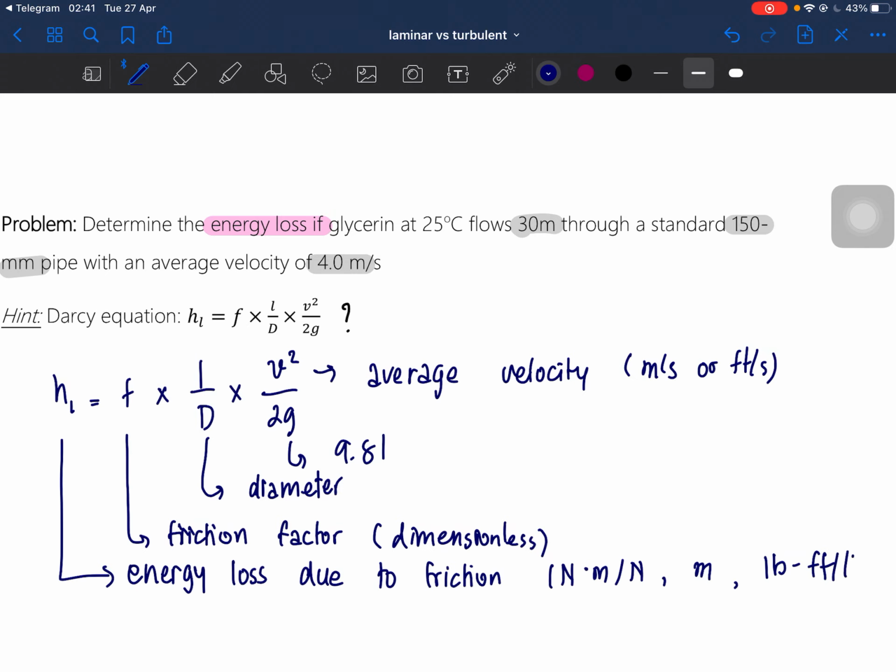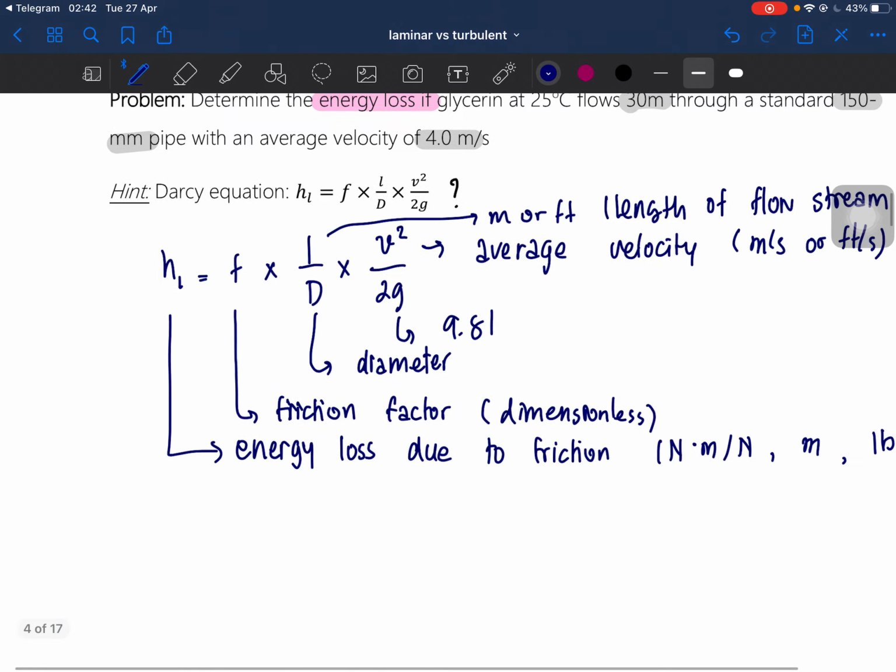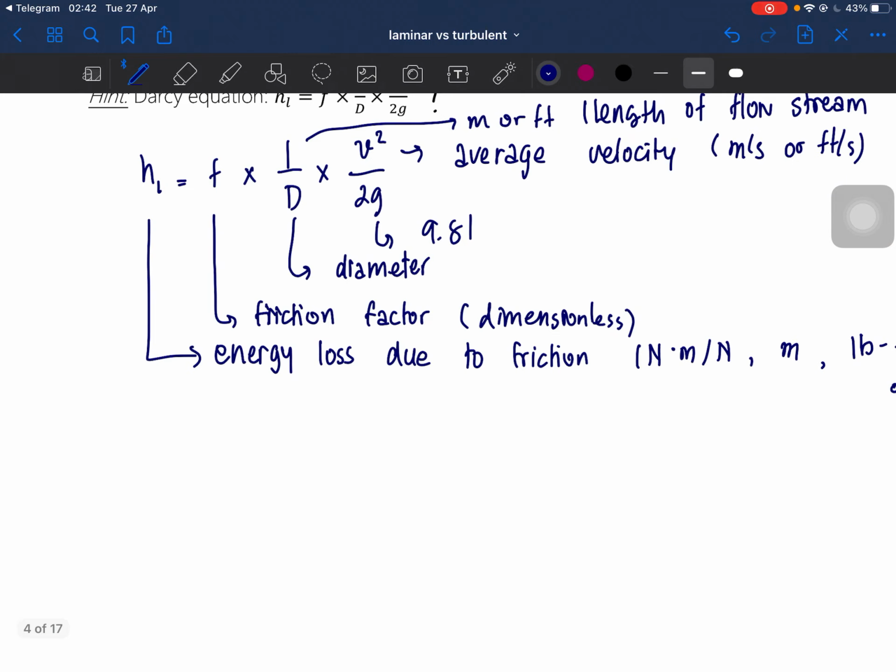Foot per pound like this, or just foot. L, as you know, is the length of flow stream, in meter or feet. Length of flow stream.